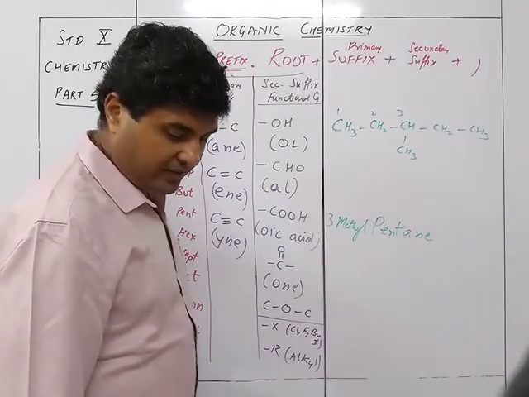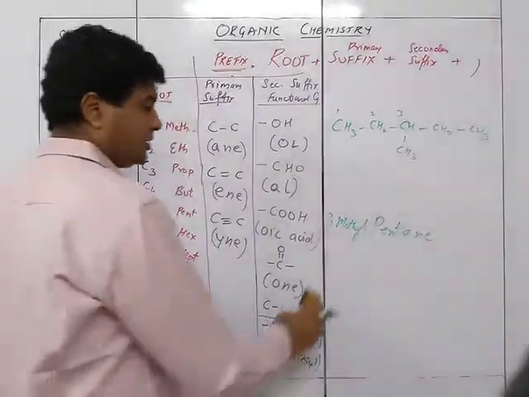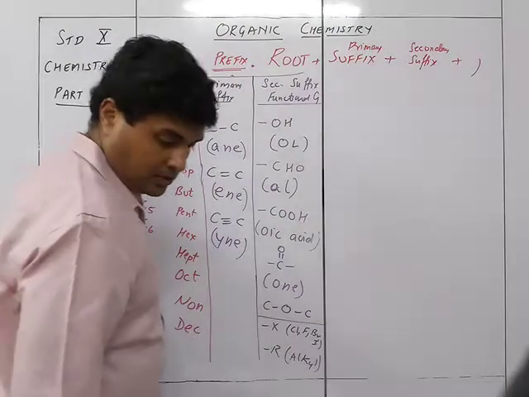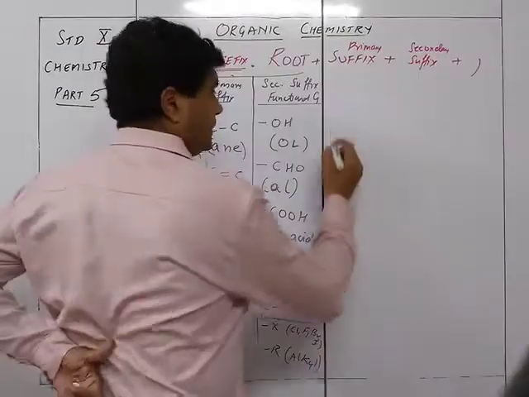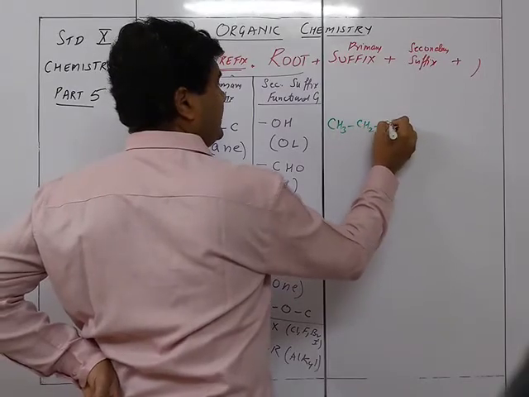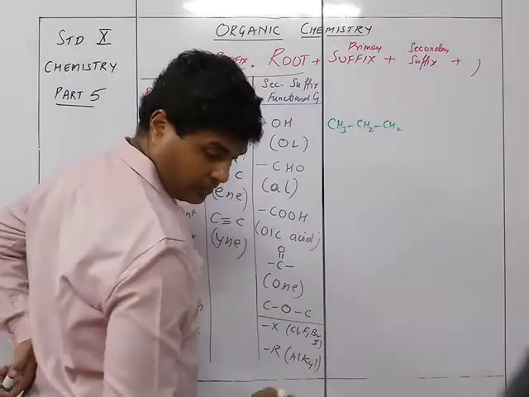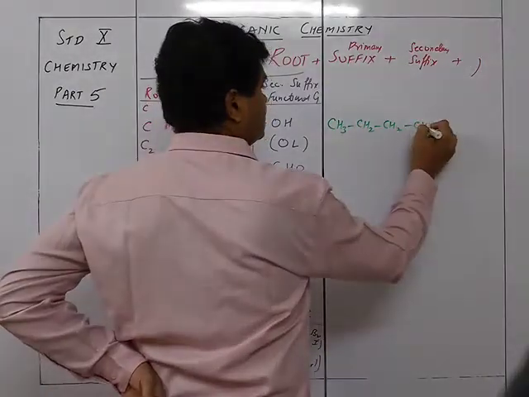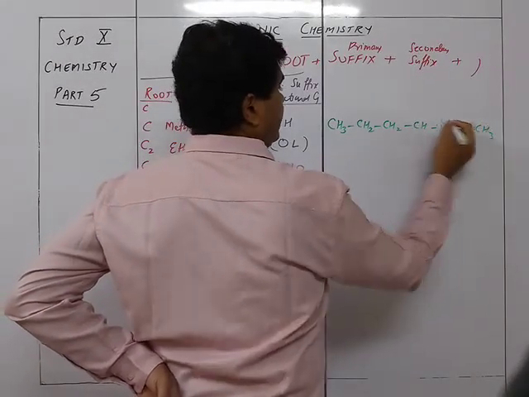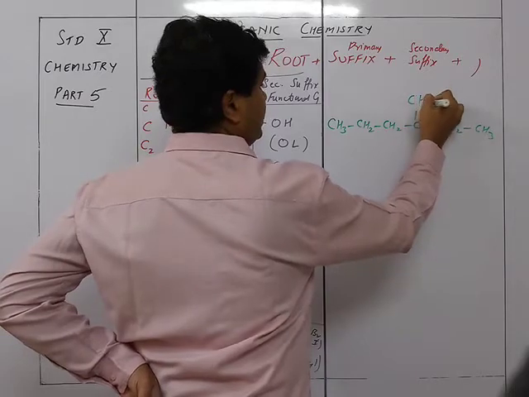Now we can see the next one, that is question number 7. It is CH3, CH2, CH2, CH, CH2, CH3. Here it is CH3.